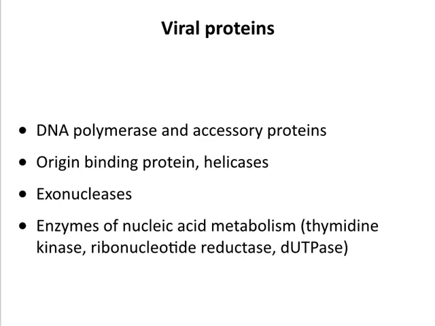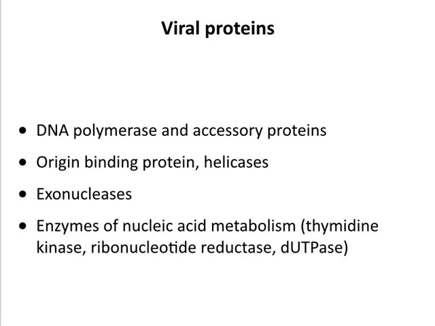So some of the viral proteins that you will see, and I will have names for them on other slides, but you don't need to remember the names. There are DNA polymerases and accessory proteins. There are origin binding proteins. There are helicases which unwind double-stranded DNAs. They have to be unwound in order to be copied, just like double-stranded RNA would have to be unwound for it to be copied.